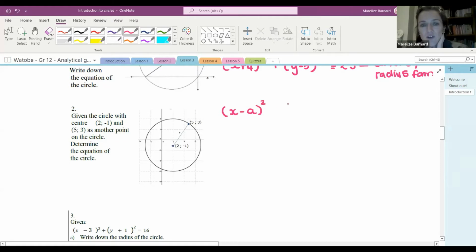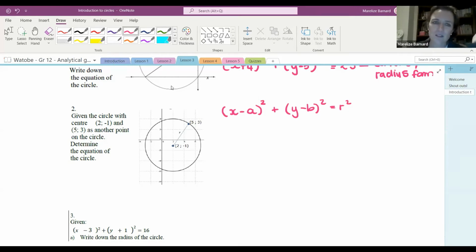I am trying to find the equation of a circle. So for the circle, I need the center, a and b, and I need the radius. The center in this case is no problem. There it is, (2, -1). So I can substitute that in, and that will take care of the center.